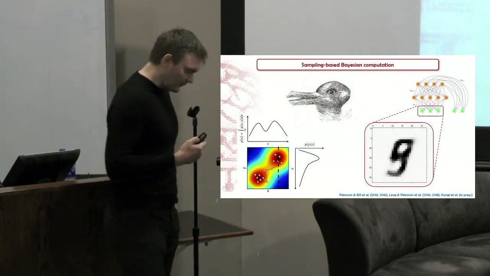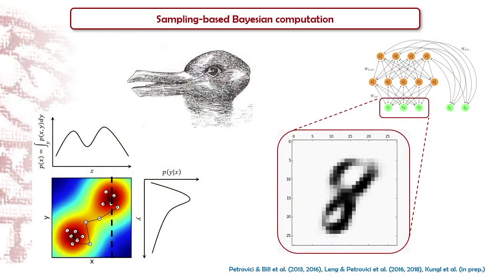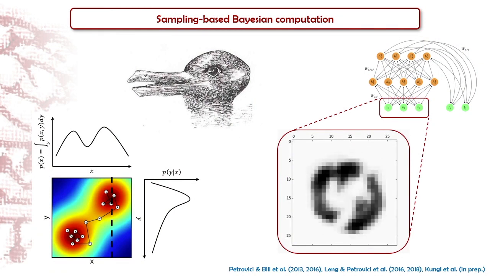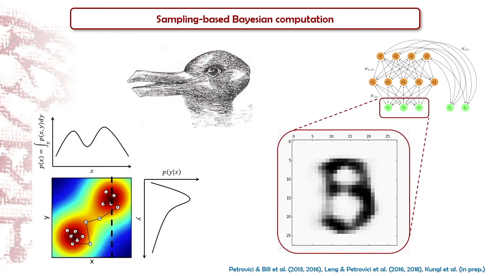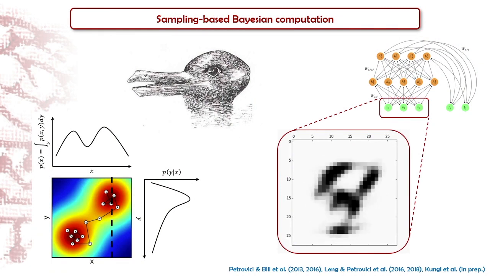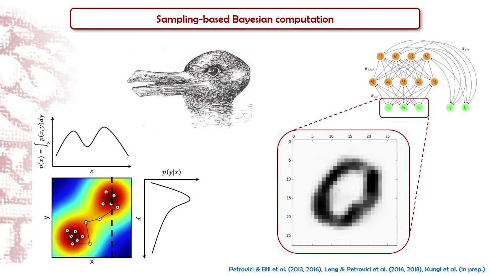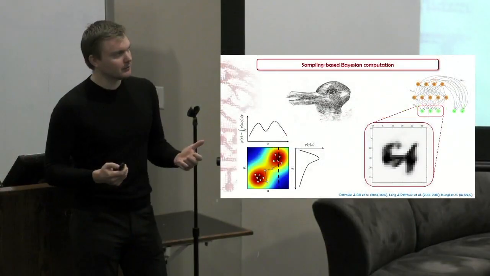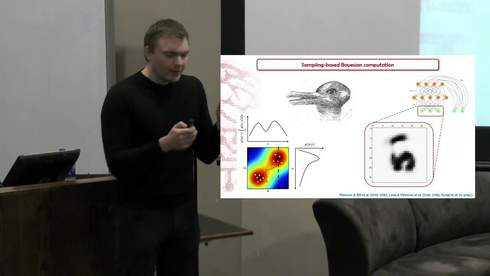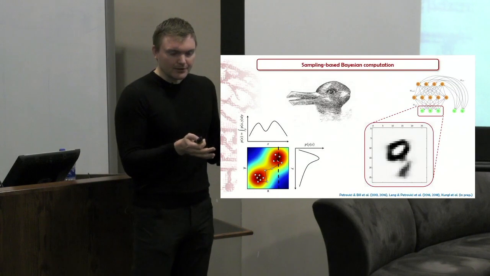Clearly, since we have to deal with incomplete and noisy information about the world around us, we have to make some sort of inference, I would say probabilistic inference, about the reality underlying this kind of information. And there are two ways of representing probability.